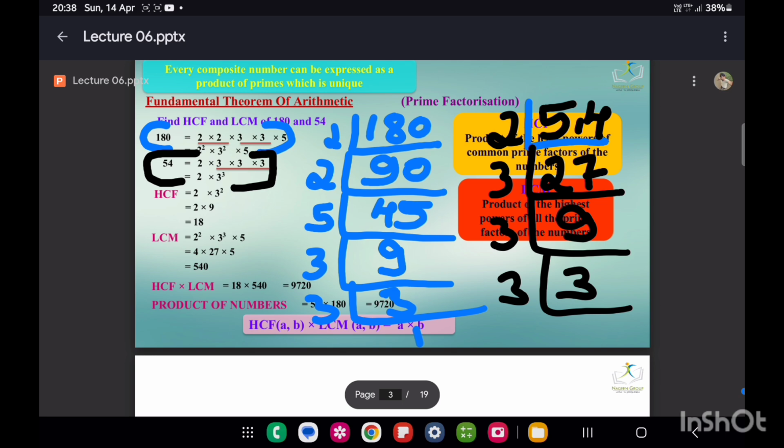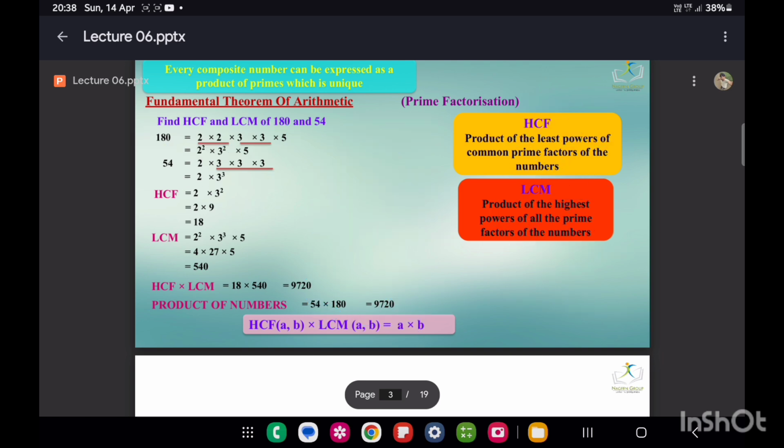Next, the HCF is 2 power 1 and 3 power 2. In 180 we have 2 power 2, and here 2 power 1 is there, so we take 2 power 1 only for the HCF.